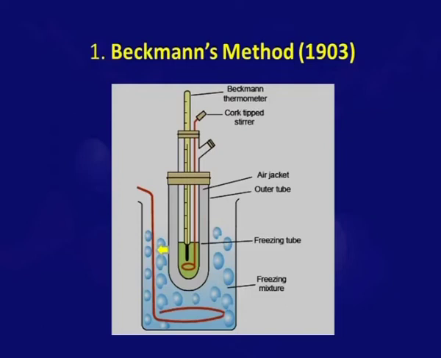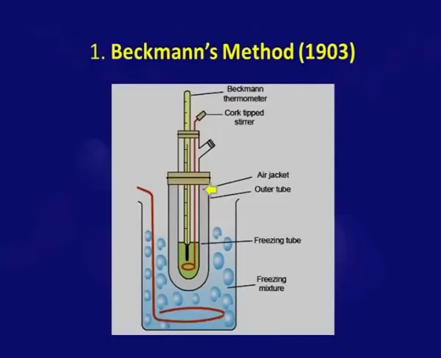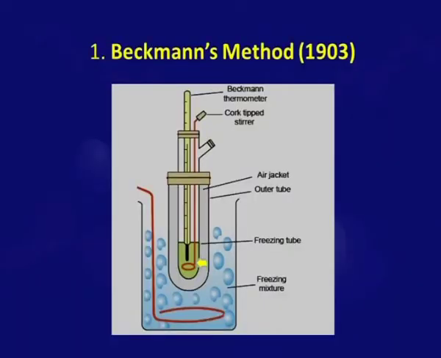Now it is cooled slowly. When it has come down to within 1 degree range of approximate freezing point, take out the tube, dry it and place it in the air jacket. Again, try to cool it. When it is 0.5 degrees below the freezing point, start stirring constantly.